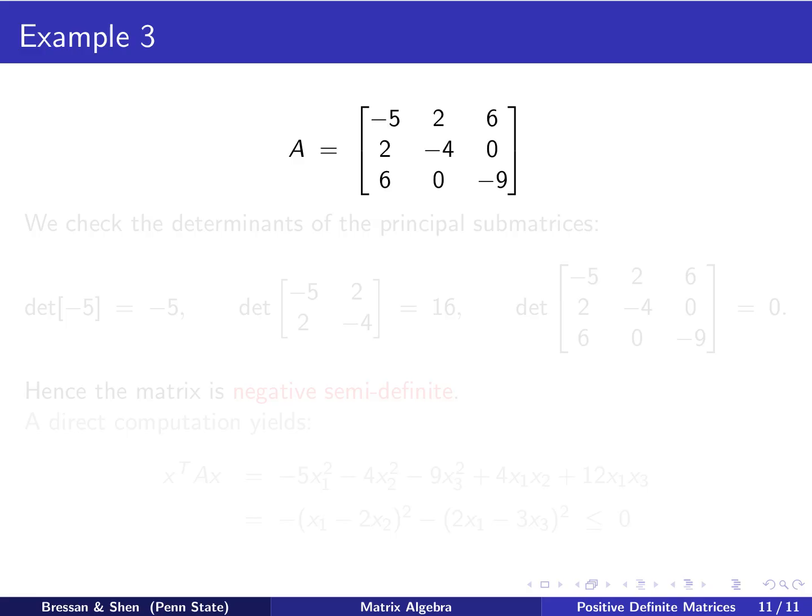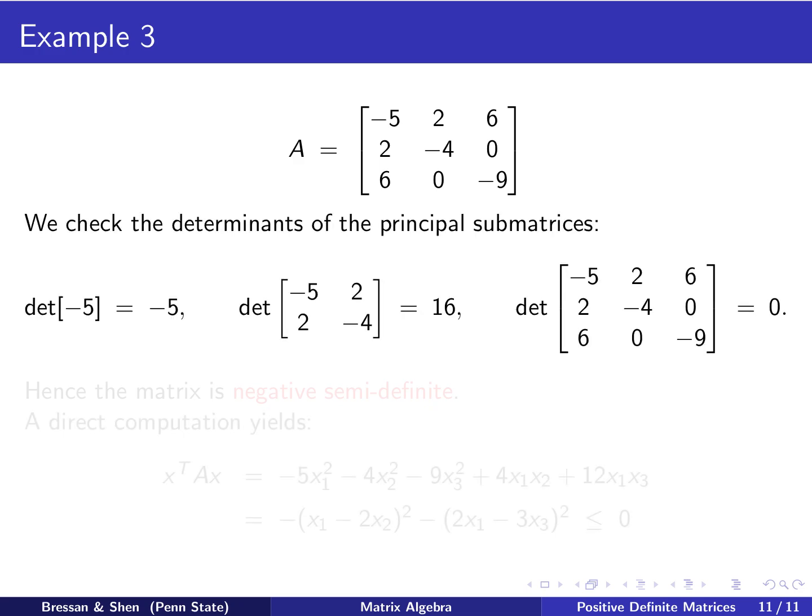Let's take some examples. We have a matrix like this. We need to check the determinants of the principal submatrices. So let's do it. The first one is negative 5, and the second one will be this 2 by 2, and we get 16, and then the third one will be the 3 by 3, and we get 0.